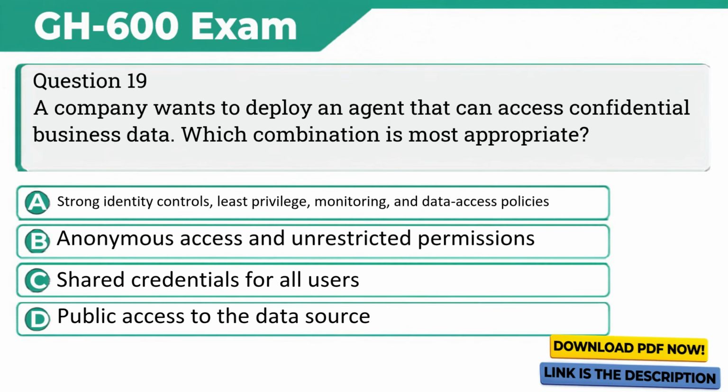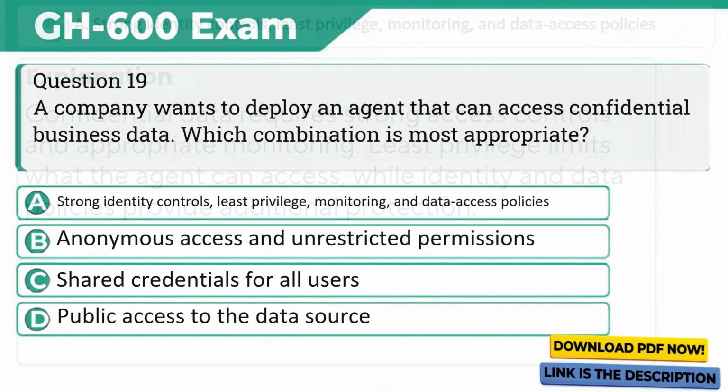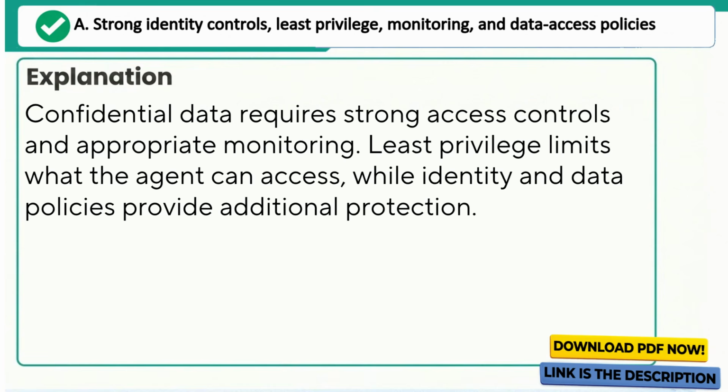D. Public access to the data source. Correct answer. A. Strong identity controls, least privilege, monitoring, and data access policies. Explanation. Confidential data requires strong access controls and appropriate monitoring. Least privilege limits what the agent can access, while identity and data policies provide additional protection.